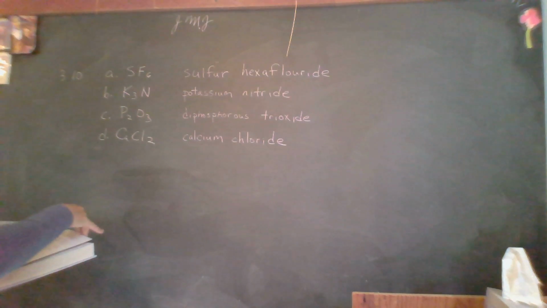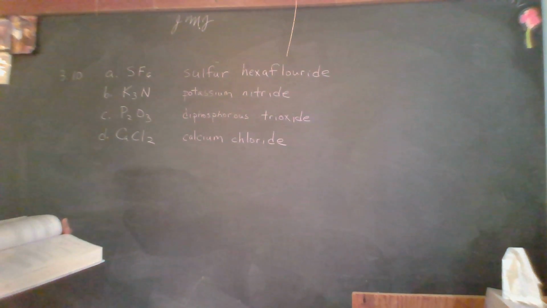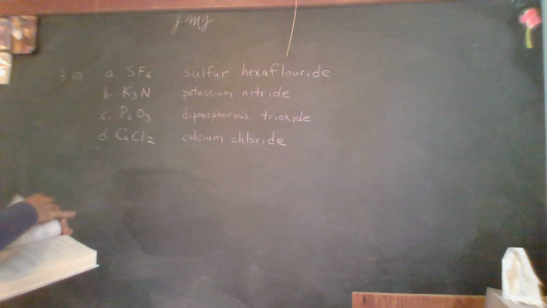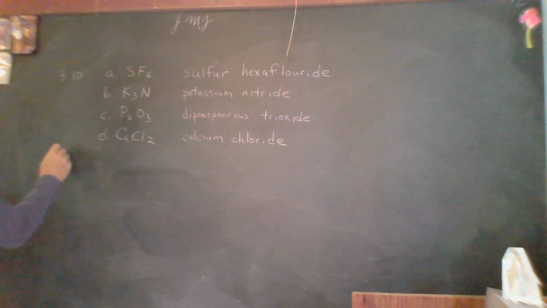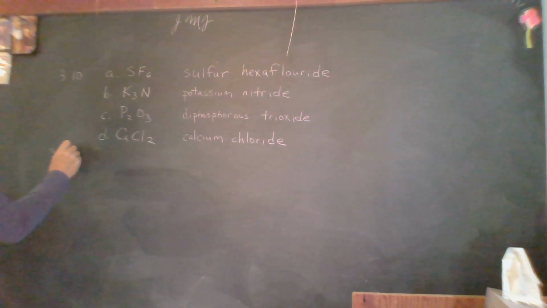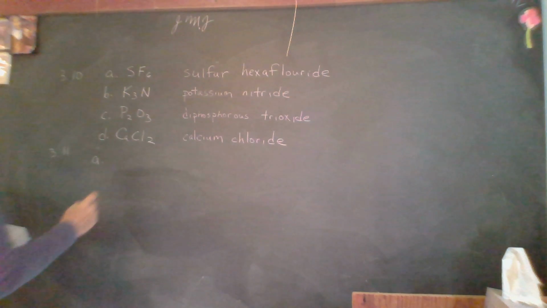Okay, most excellent. And now we have one more On Your Own, if I can just find it here. Okay, give the chemical formula for the following covalent compounds. So oxygen dichloride.